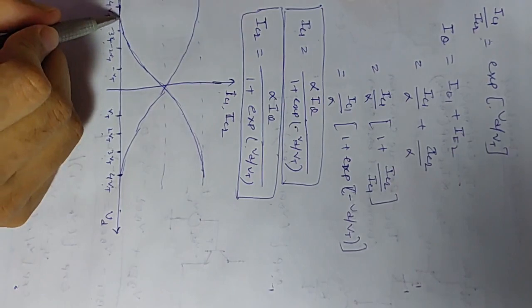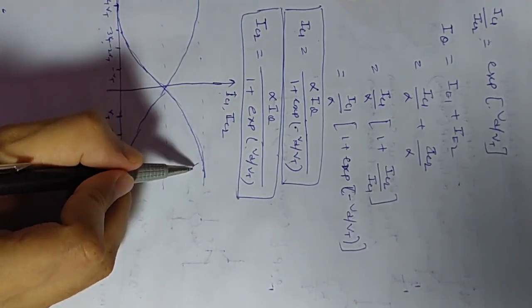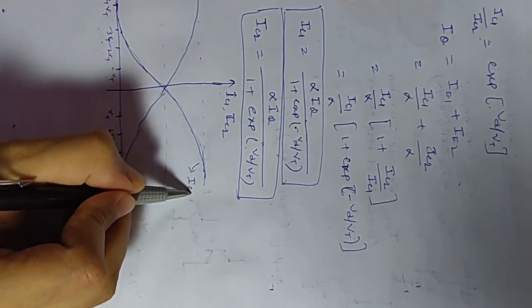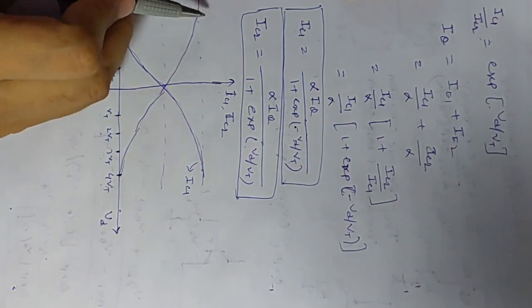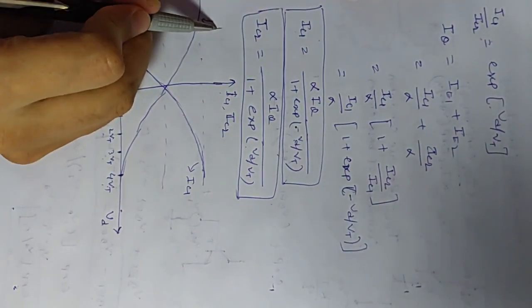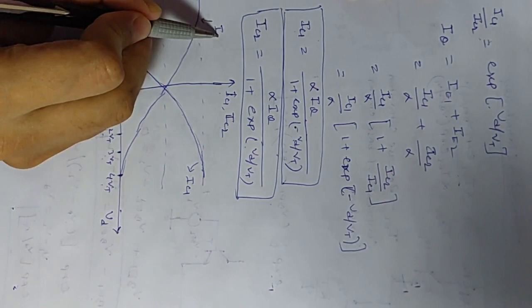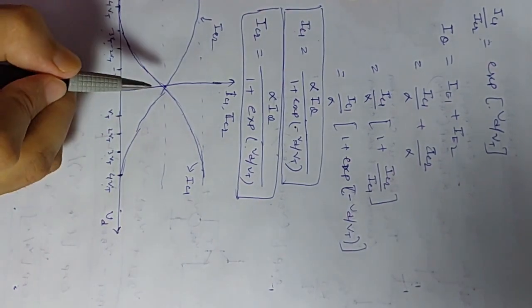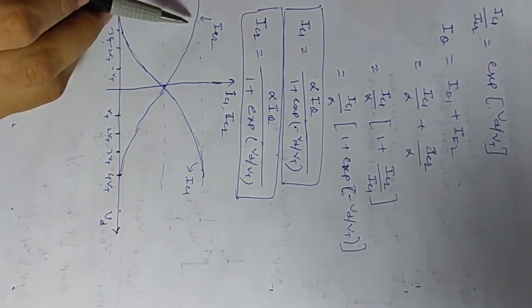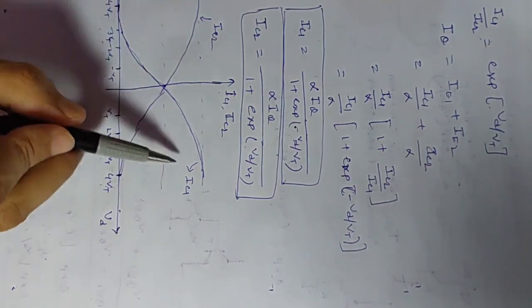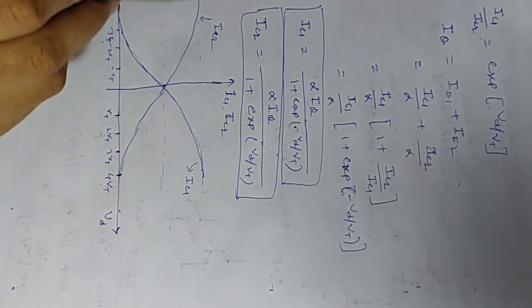That curve corresponds to IC1, and that curve corresponds to IC2. At this point, you see it is midway between these two curves.